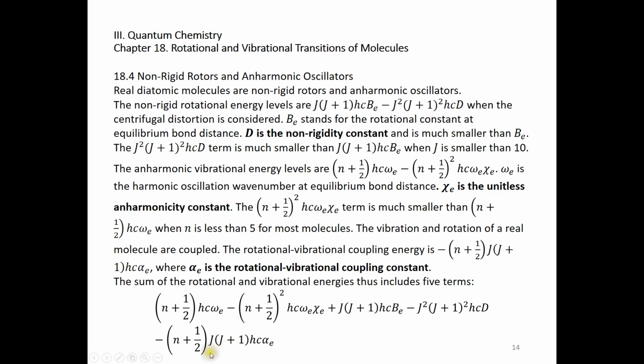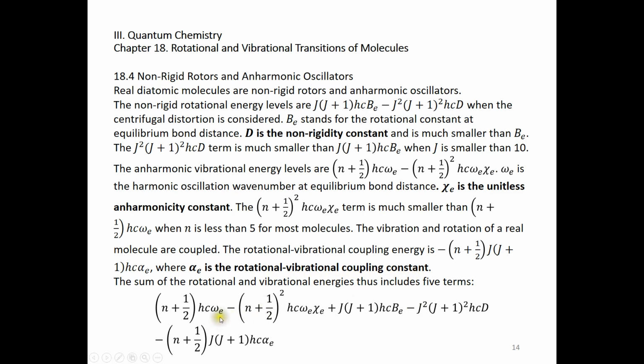Finally, the rotation and vibration are coupled for a real molecule, and we have the coupling here, minus (n plus 1/2) from the vibration, J times (J plus 1) from rotation, times hc alpha_e. Alpha_e is the rotational vibrational coupling constant.